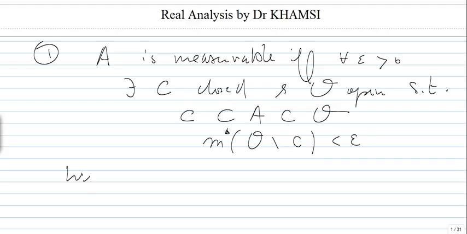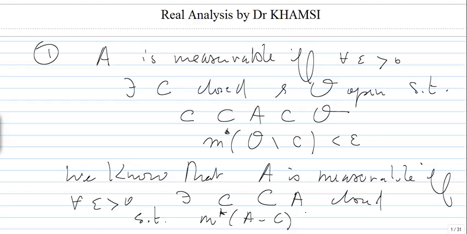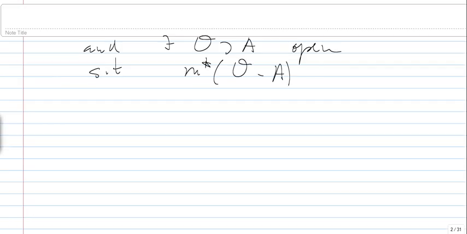We know that A is measurable if and only if for every epsilon there exists C closed in A such that the outer measure of A minus C is less than epsilon, and there exists O open, which contains A, such that the outer measure of O minus A is less than epsilon.